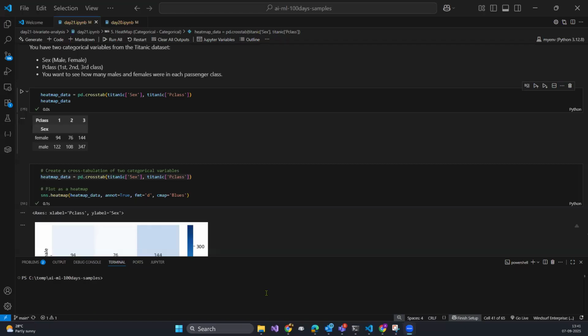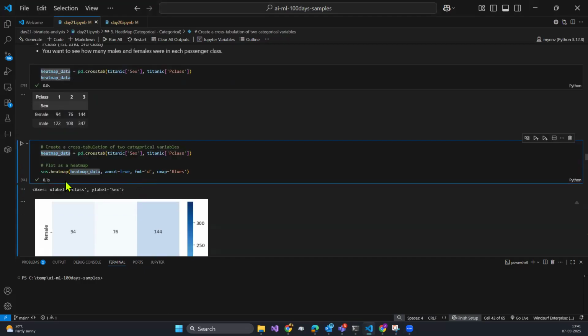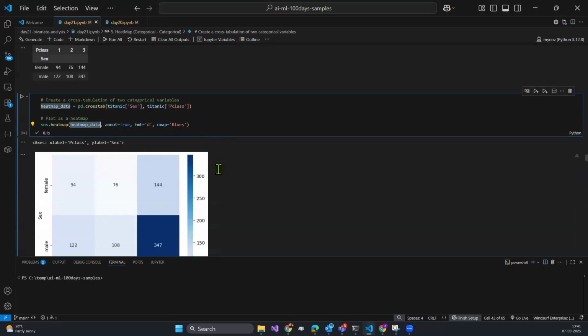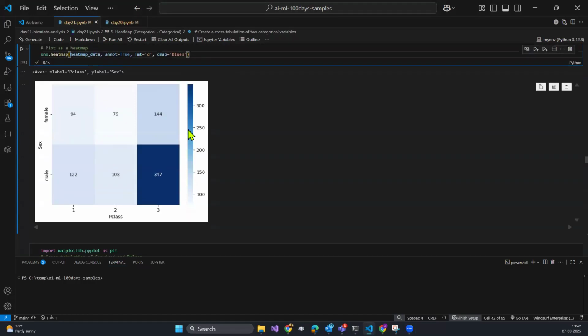So this is the distribution between sex and passenger class on the Titanic. To get this visualization, we created this cross table and just passed it into our heat map. Annotation is set to true, and this is other formatting.